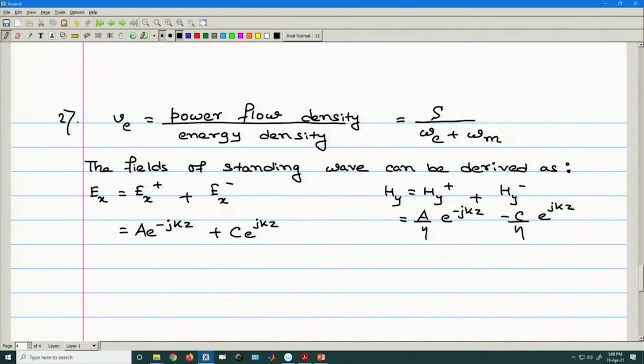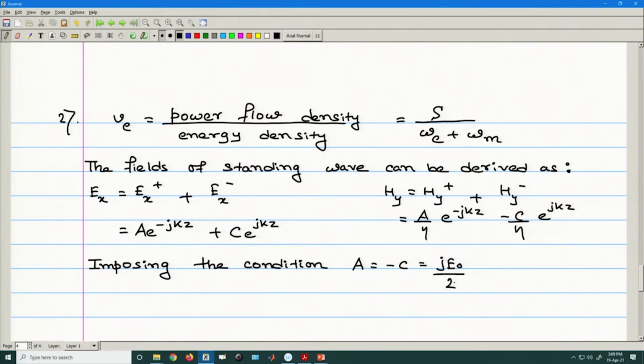Now, we will impose the condition A equals minus C equals j E naught by 2.